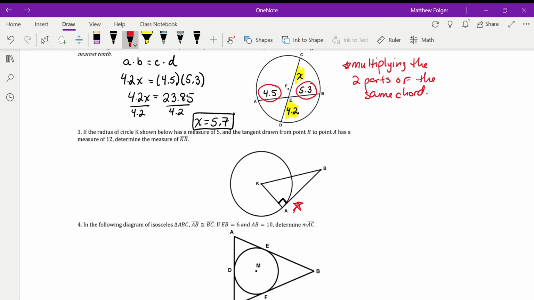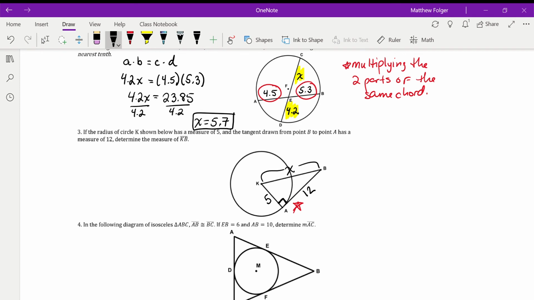Right triangles are extremely useful in geometry, so knowing that is a good start. Now, it says the radius is 5, so I'm going to put a 5 here. And then it says the tangent from A to B is 12. Find KB. So I want to find this whole line here.